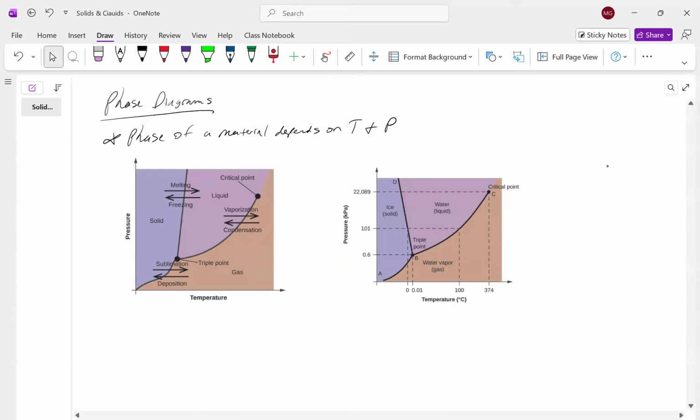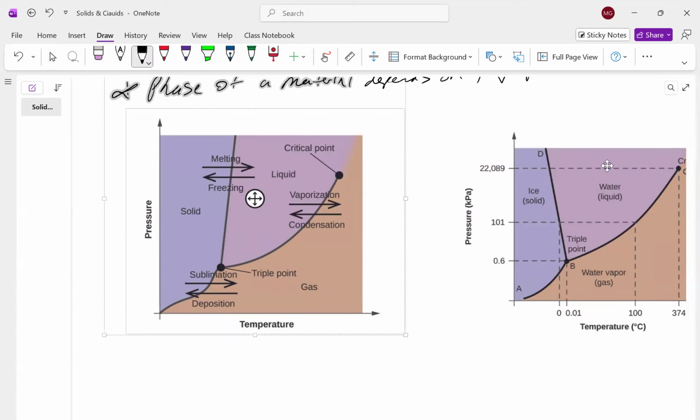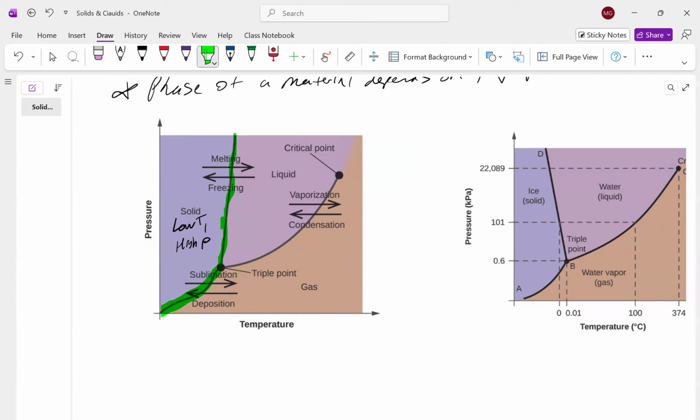And the typical phase diagram for most substances looks like this, where at low temperatures and high pressure, those things exist as solids. And you can kind of see that line that divides solids from the rest of the phases.